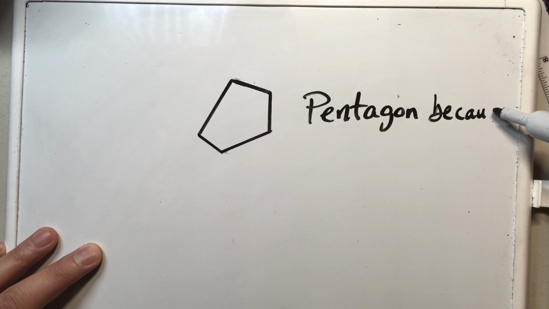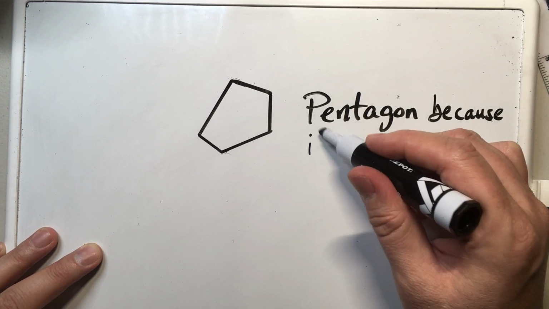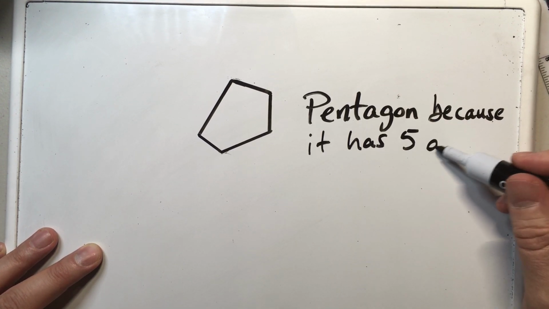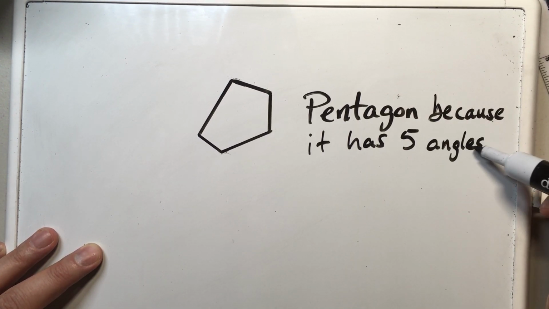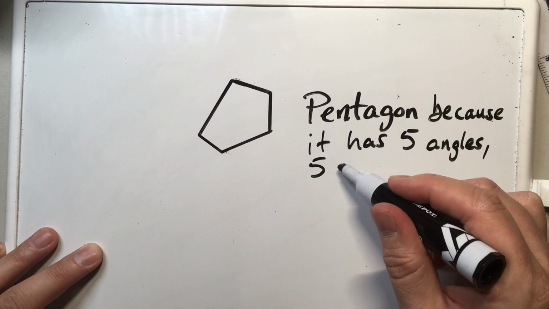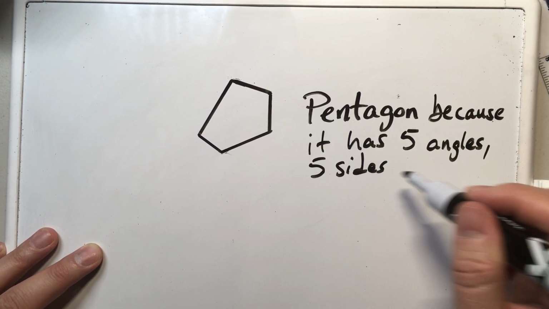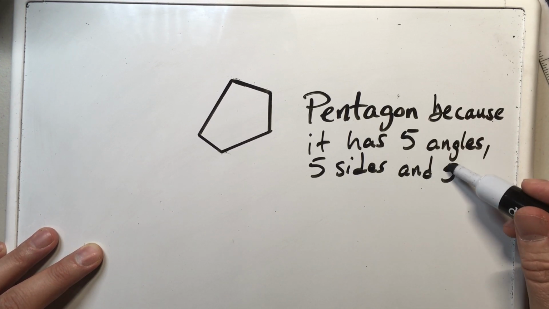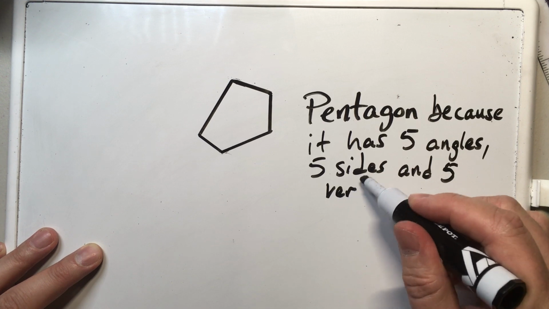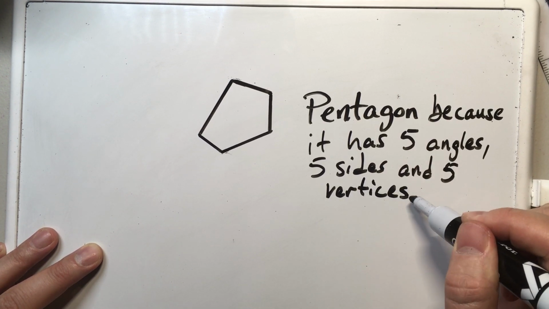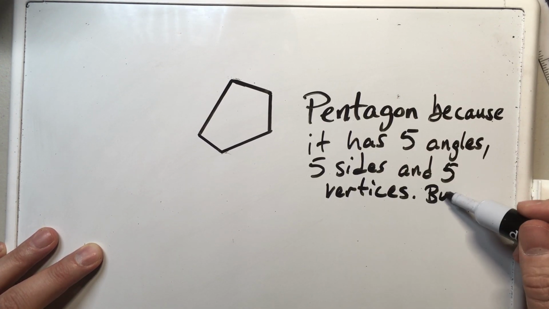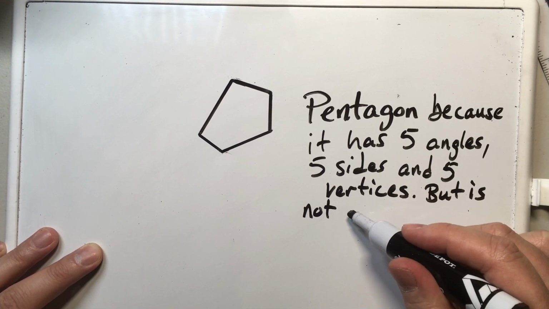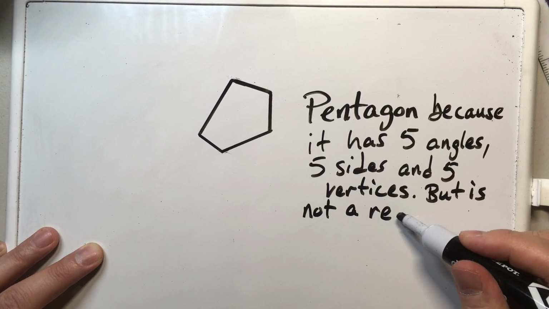It's not a regular pentagon though. Because it has 5 angles, 5 sides, and 5 vertices, but is not a regular polygon.